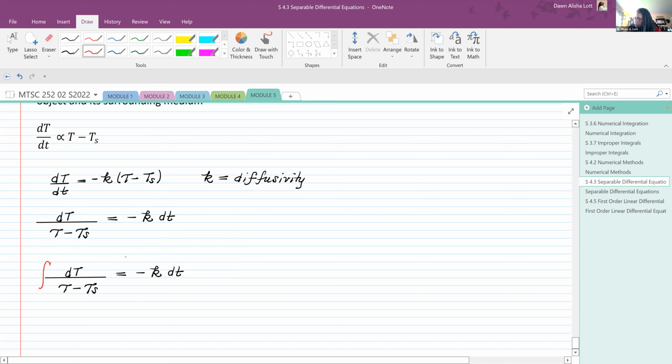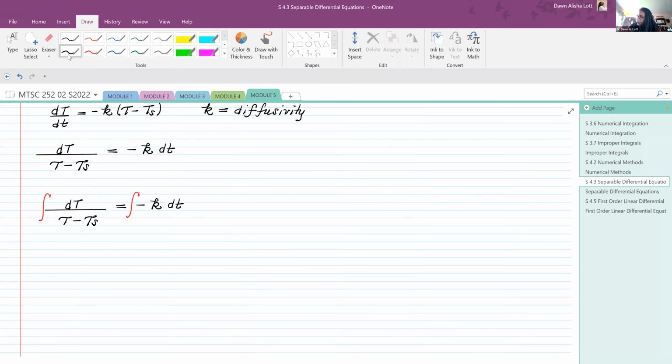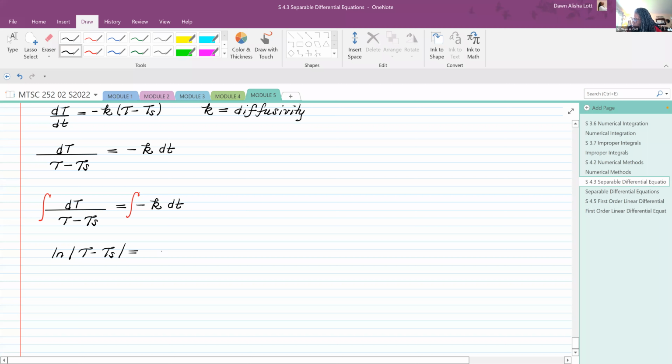There we go. Now you know what I'm doing. So now we get the natural log of the absolute value of T minus Ts is equal to negative kt plus a constant. Now remember, we're trying to solve for T, the actual temperature.